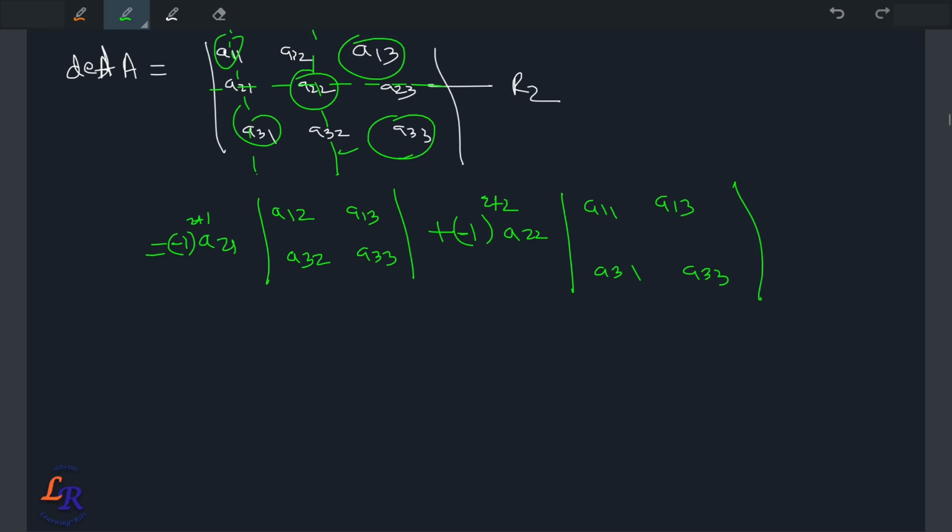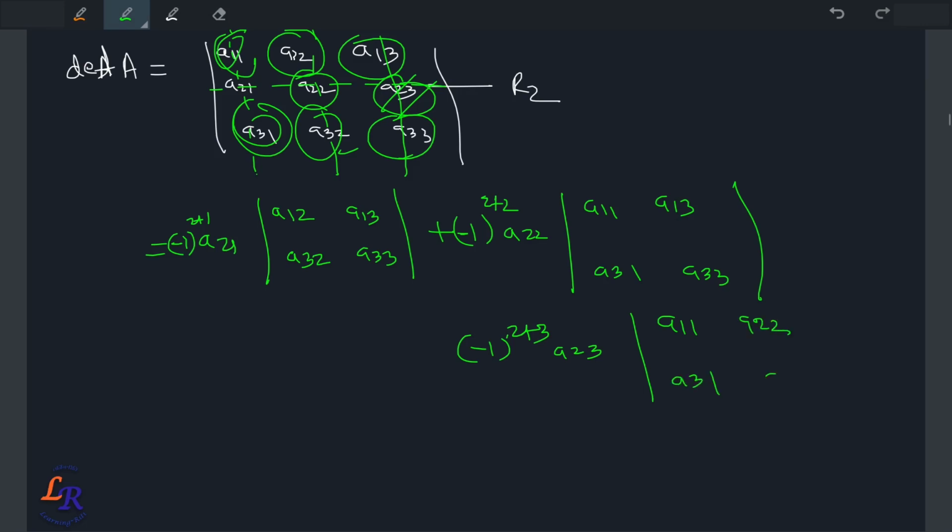Further, you expand with respect to the next element, so this will become minus 1 to the power 2 plus 3, and A23, and then leaving this row and column, it will be left with A11, A12, A31, A32.